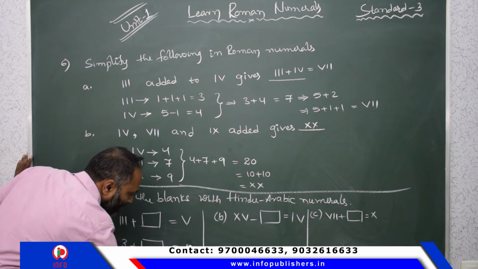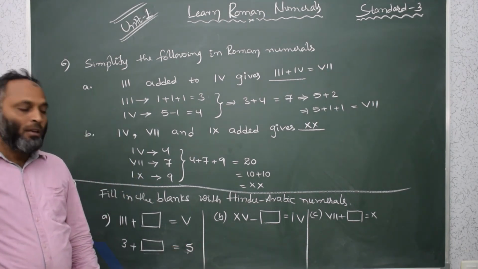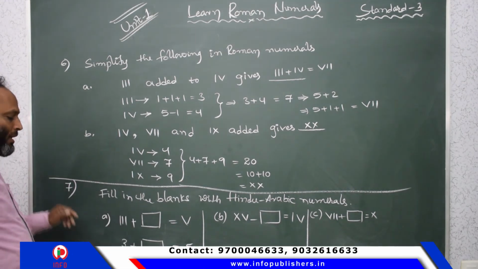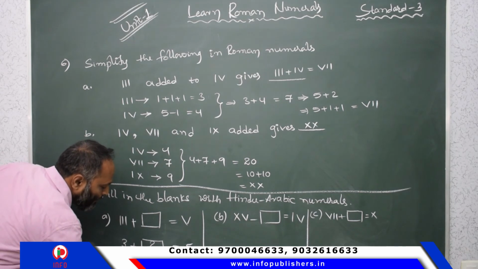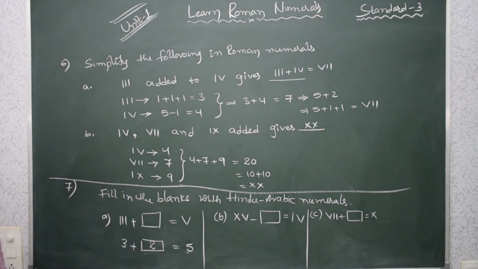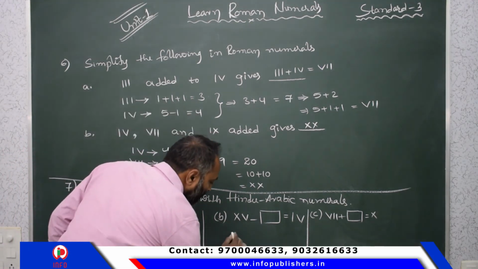What we add to 3 to give 5 means 2. If we add 2 to 3, 3 plus 2, it gives 5.